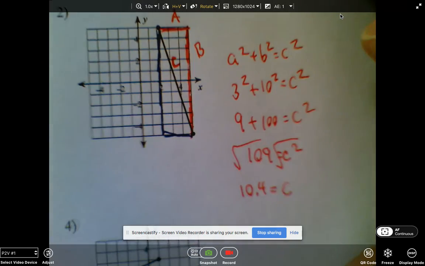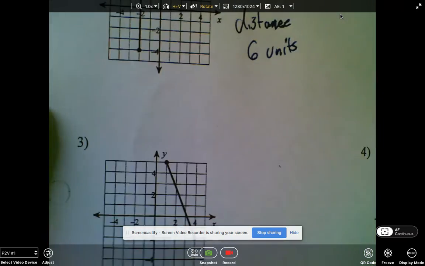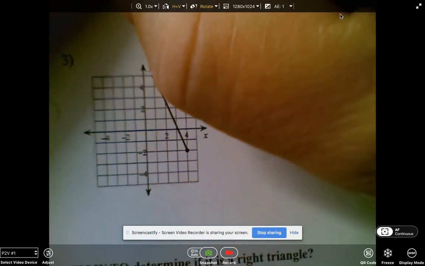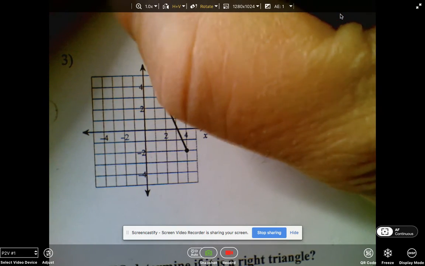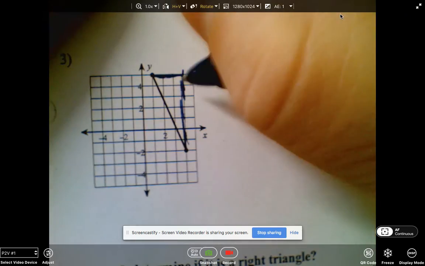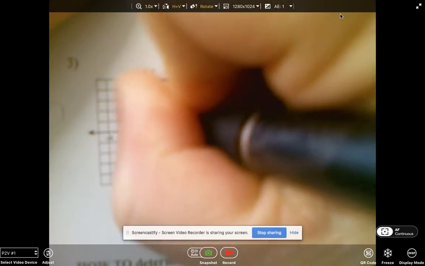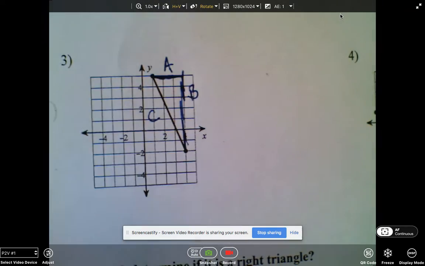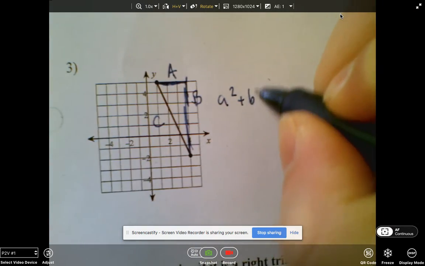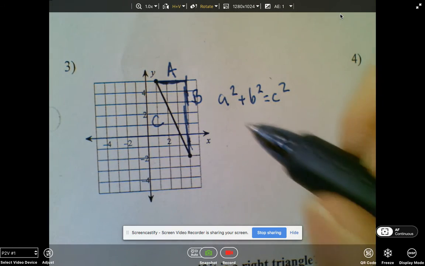Let's go on and do number 3 together, and then I'll have you try 4 on your own. So for number 3, the way I'm going to look at it here to make my right triangle, I'm going to do it this time in blue and do the upper part. So then I'll label this A, B, and C. Can someone tell me, as I write the Pythagorean theorem, what the A squared plus B squared part would be?